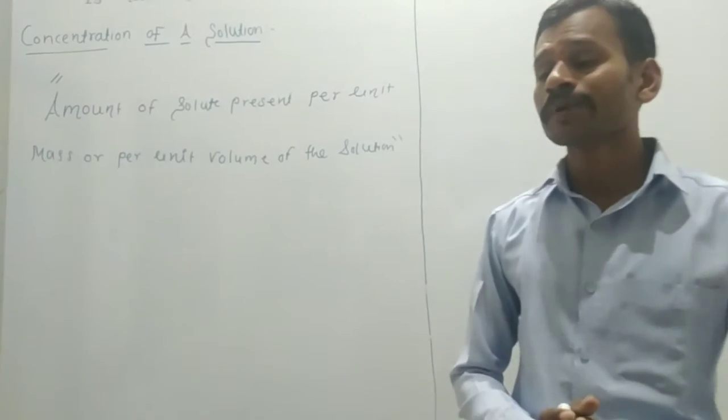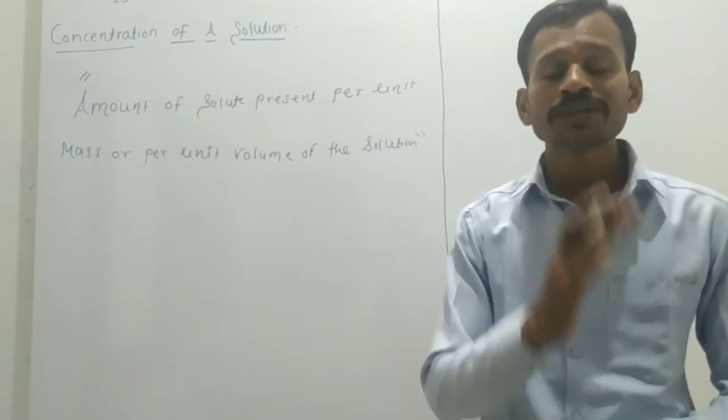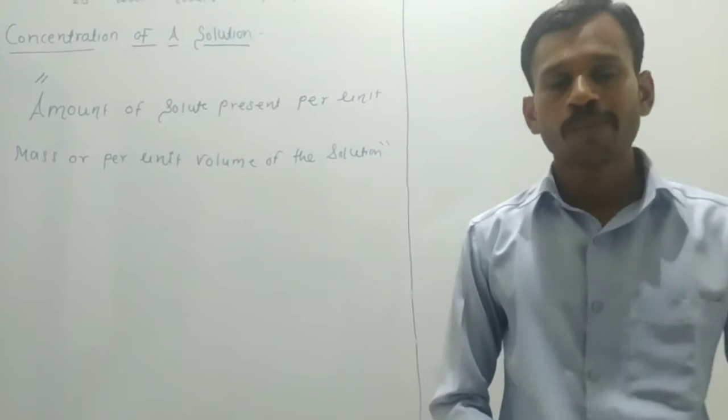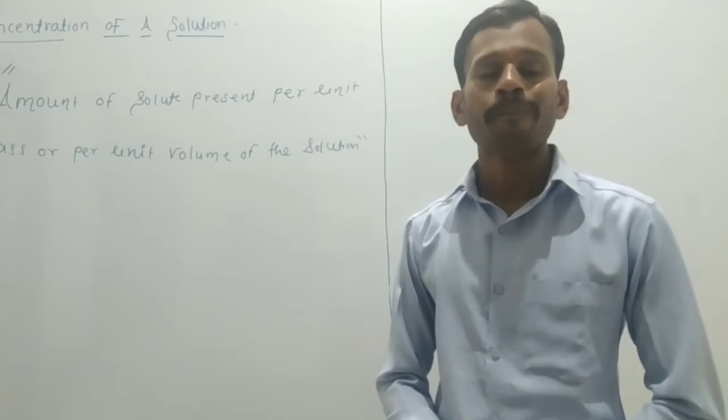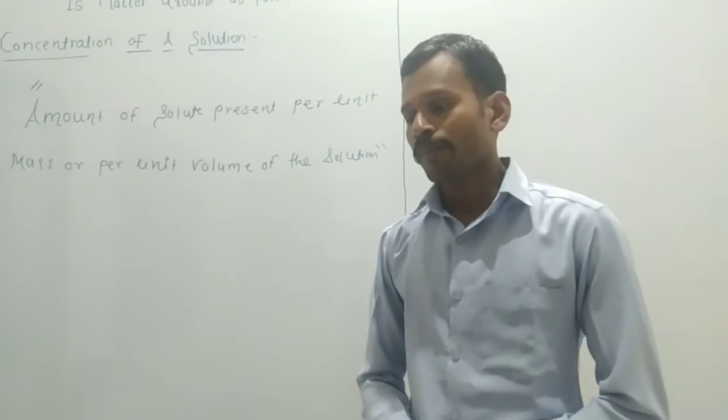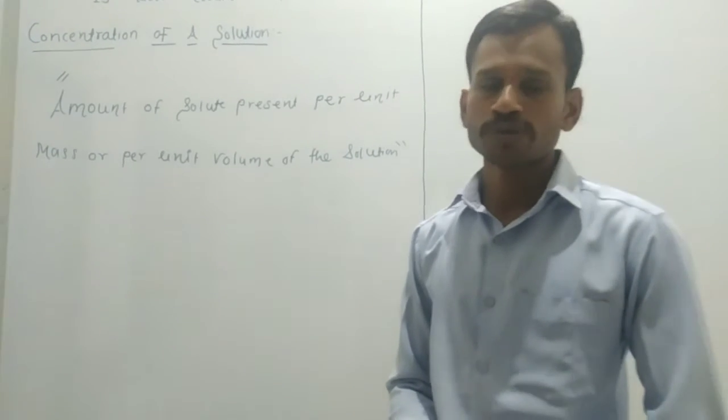So, in our syllabus, we have been given three terms in the form of percentage. The concentration of solute in the solution is given in three ways. The first is mass by mass percentage of solute in the solution.